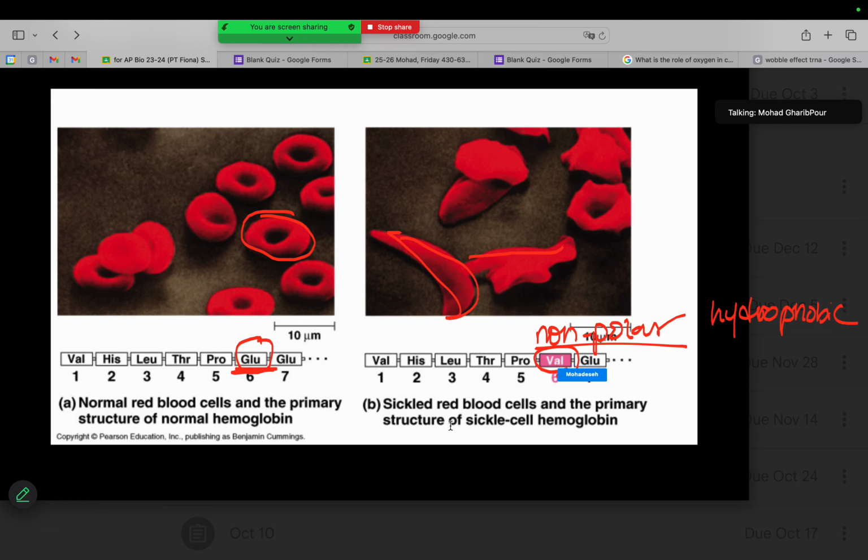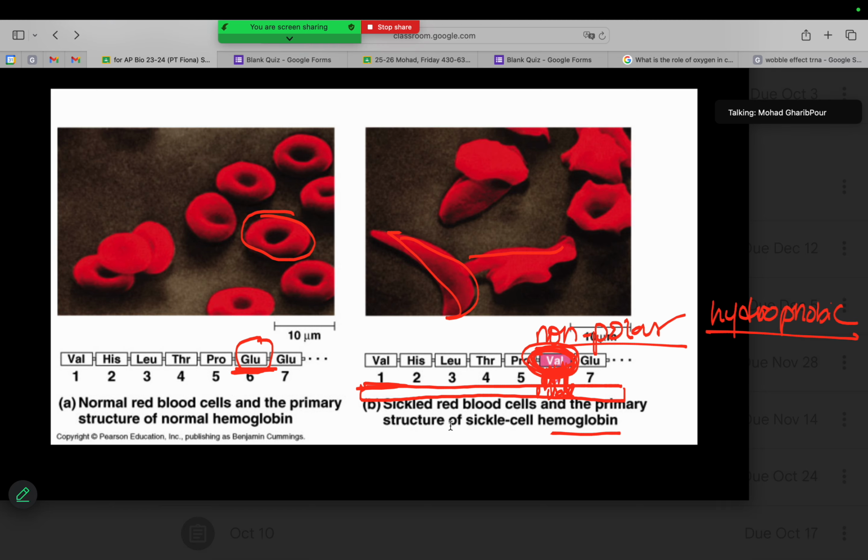Which means these valine residues, now in the mutated red blood cells or sickle cells, start gathering towards each other. So this hemoglobin now has a valine in this position that it's not supposed to have. The next hemoglobin protein also has a valine here. It's hydrophobic, so it's going to aggregate with this valine.